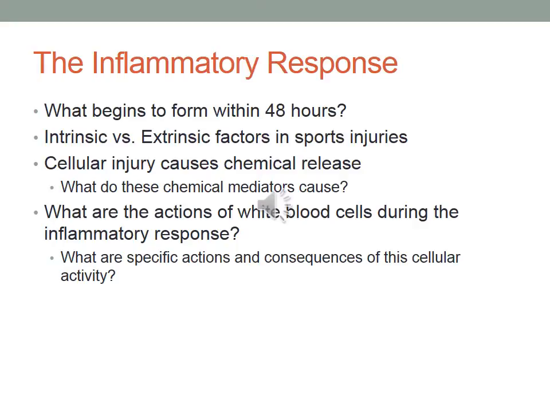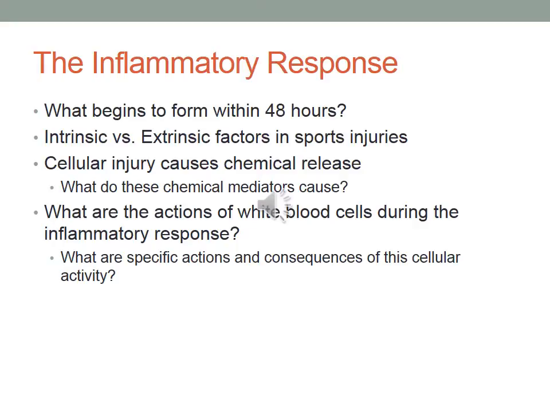Again, the leukotrienes, prostaglandins, thromboxanes we kind of talked about already. Again, they're going to contribute to a lot of the signs and symptoms of inflammation. So, for instance, the pain that you experience as one of your signs of inflammation will be partially caused by the release of bradykinin, which is a chemical substance that irritates nerve endings. Histamine is going to contribute to the swelling that forms because of the increased permeability in the blood vessels.